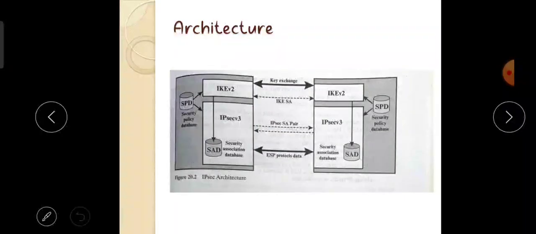The next one is the SPD, the Security Policy Database, and the SAD, the Security Association Database. And the next component is the ESP, the Encapsulating Security Payload, which consists of encapsulating headers and trailers used to provide encryption or combined encryption and authentication.